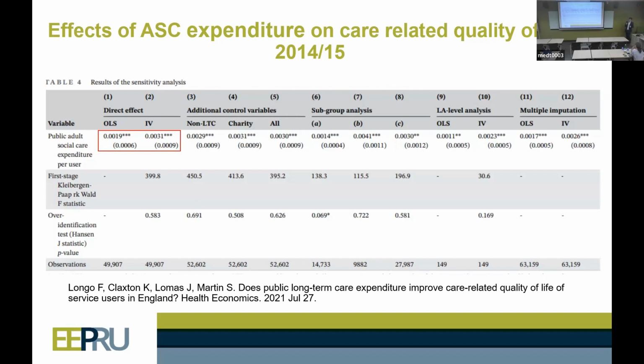And we think that spending money through local government can relieve that caregiver burden and improve carers' quality of life as well. So that's some ongoing work that we're working on now. All of these different pieces need to come together to realize what the full effect of social care expenditure is. So we've started to do those little pieces, and now we've also started to put them together as well.